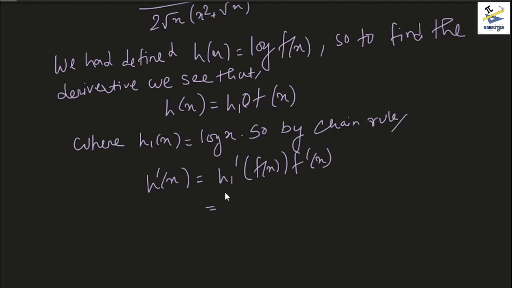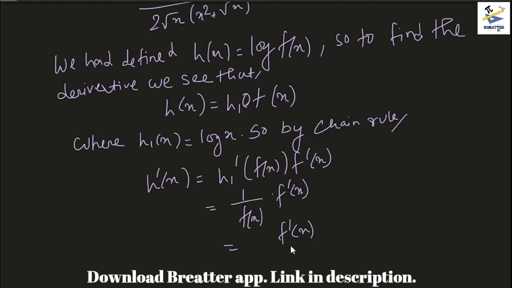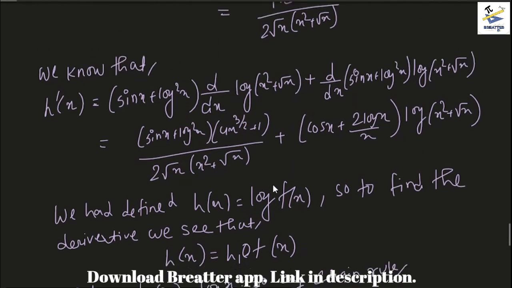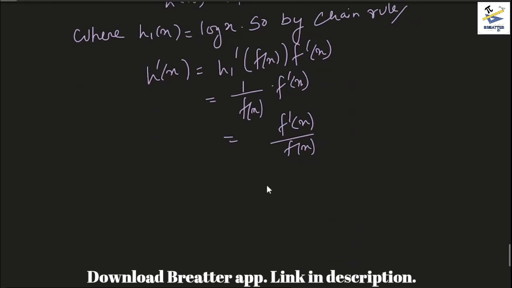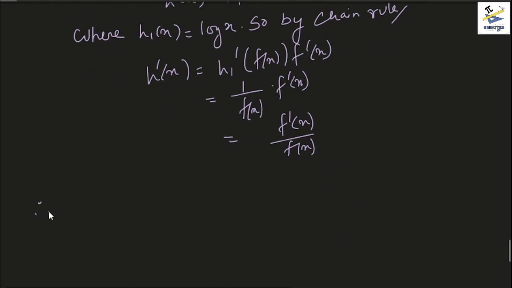And since h1 is logarithm, the differentiation of logarithm is 1 by x, we can say this is basically 1 by fx, and this remains f dash x, as we do not know f dash x yet. So this becomes f dash x by f of x, right? So we see that therefore f dash x should be equals to h prime of x into f of x.